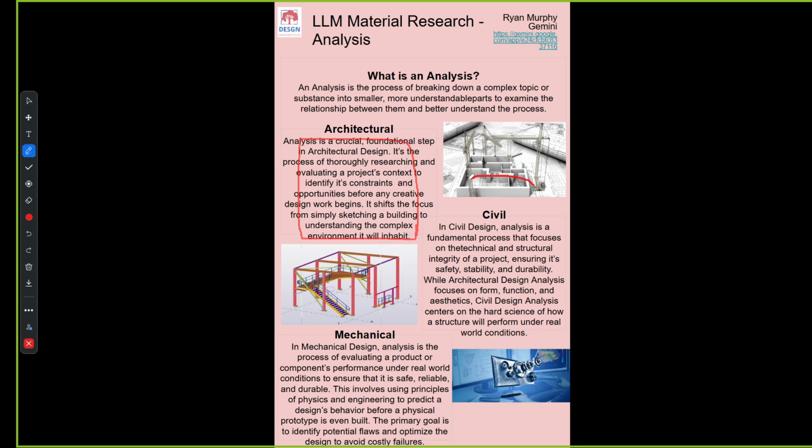So this one needs a caption or an annotation to tie it to what I see over here. Same thing on this civil one. I knew that that was some structures, but that's because I'm familiar with it. And so I'm sure that this is either looking at safety or stability. So a caption that would tie it into these words would be great. And the same thing here.